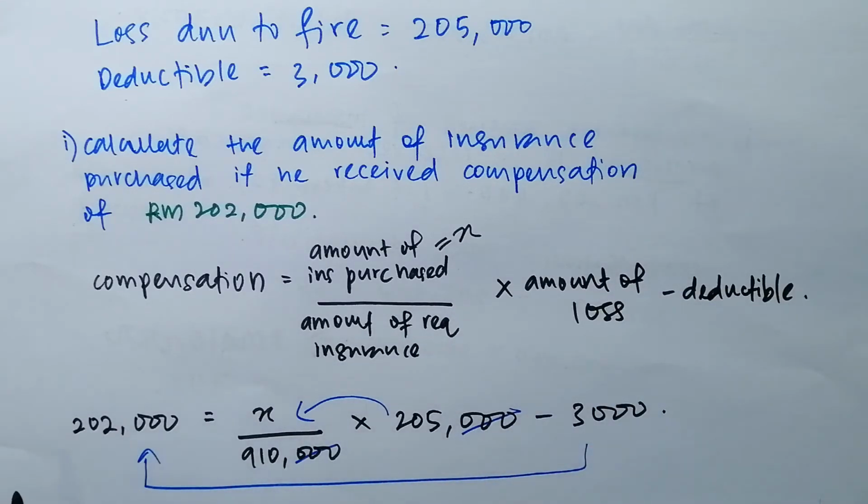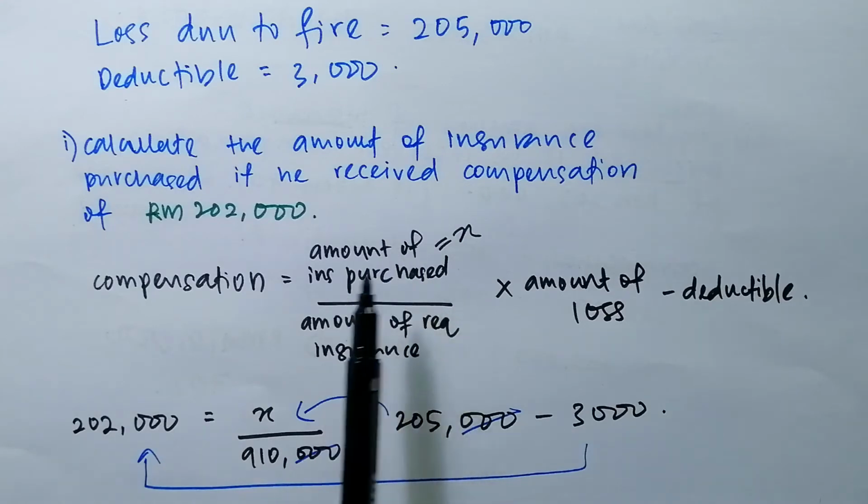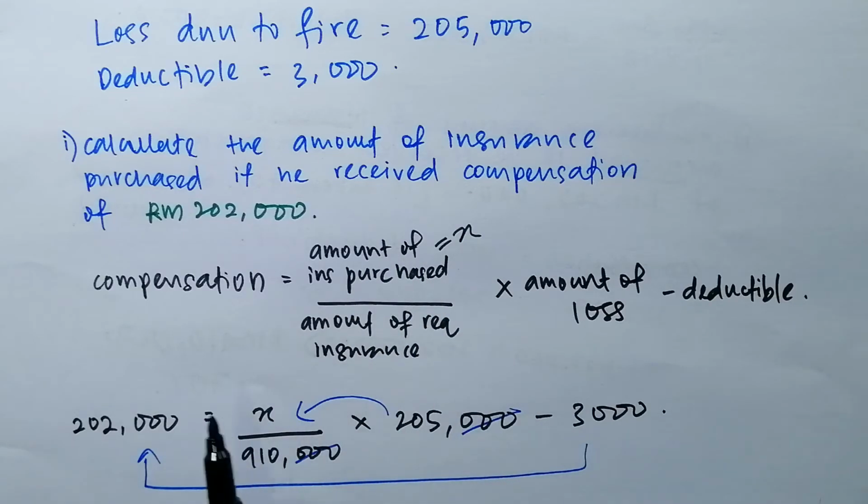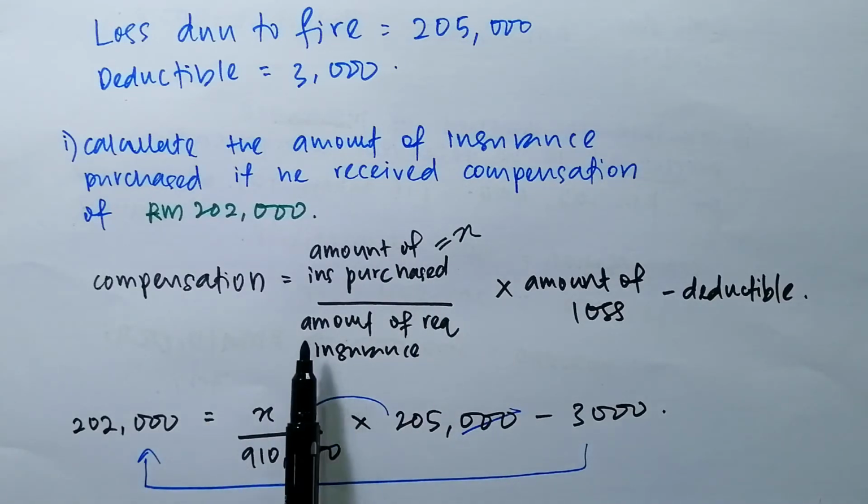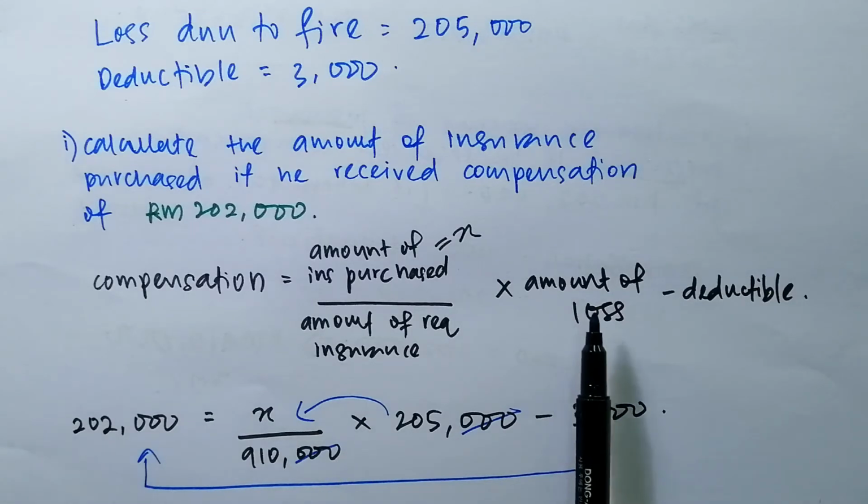In this case, the compensation received by Geylang is 202,000. The amount of insurance purchased, we call this X. This is what we need to find out. And the amount of required insurance is the 70% co-insurance requested by the insurance company, so this is 910,000, times the total amount of loss.